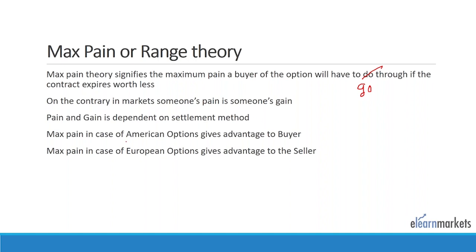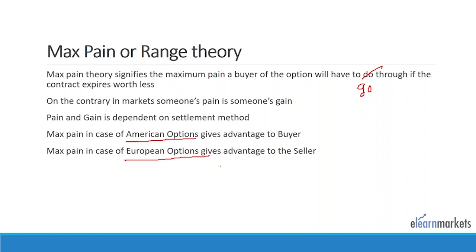In case of an American option, the buyer of an option wants to take that pain because he can exercise it at any point of time. In case of a European option, the seller of the option wants to take a risk because the contract will expire only on the date of final settlement.